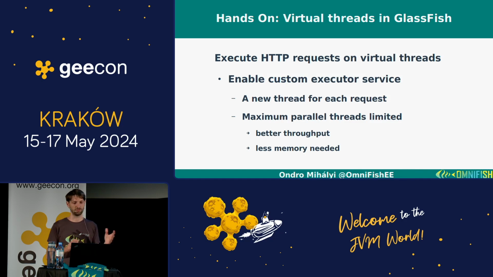So you don't need to change anything in your application. You just need to add this. Currently, it's a separate jar file, so you need to add it to GlassFish, and then you configure GlassFish to use this class of this executor service instead of the default one, and you get it automatically for any application.